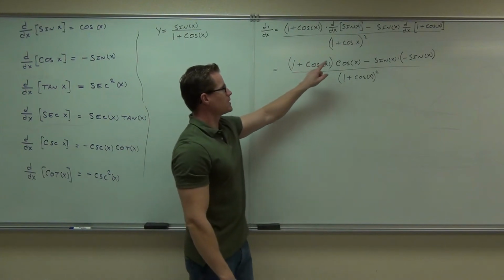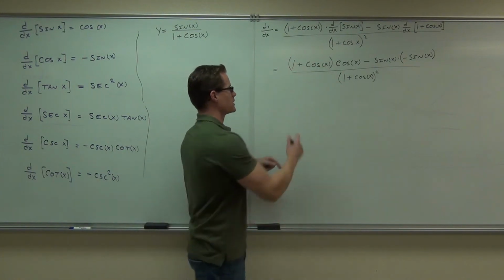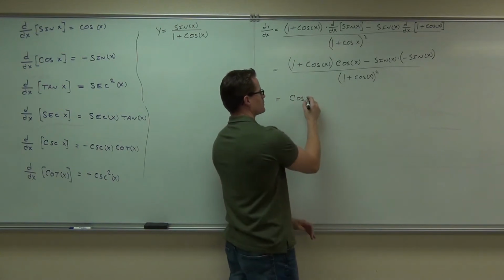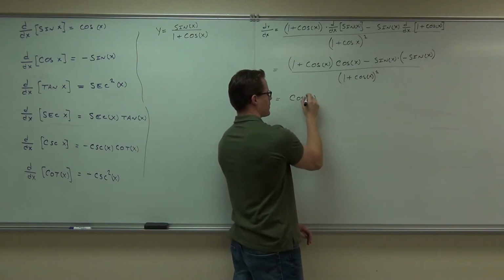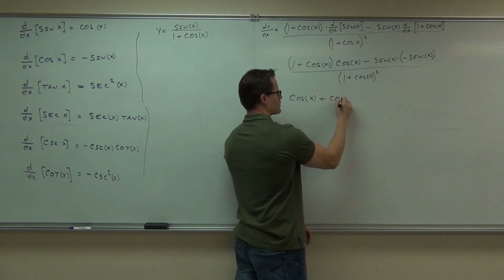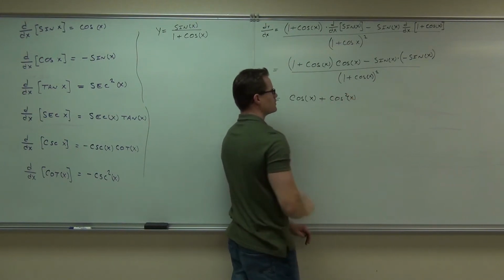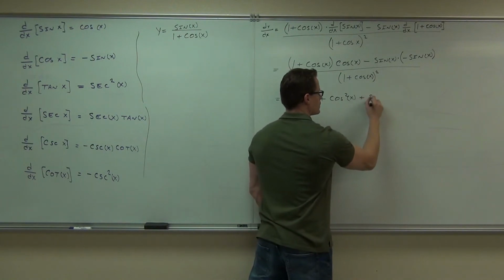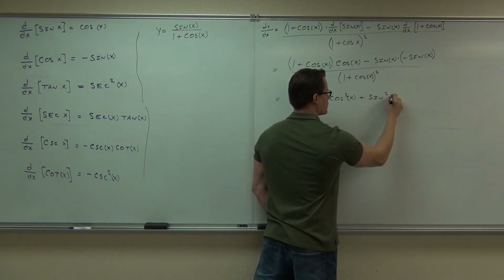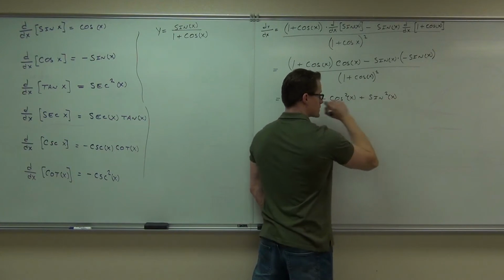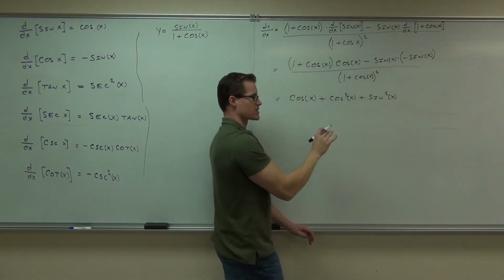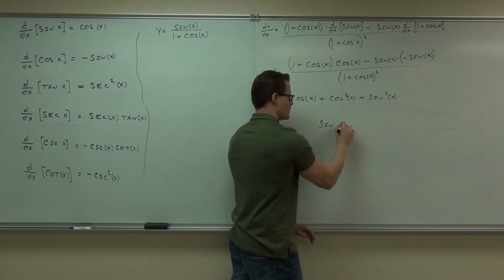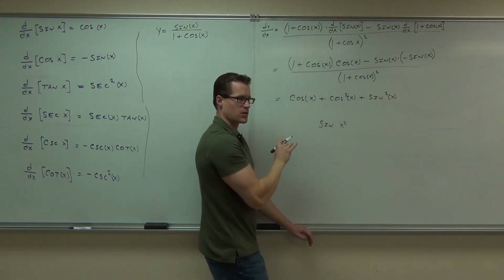So if we distribute here, we're going to get cosine plus, good. Then what? Plus sine squared. Sine x squared is not the same as sine squared x. Here you're squaring your sine. That is not the same thing.